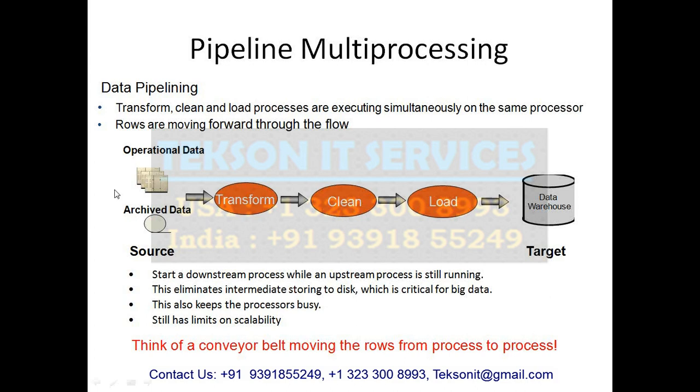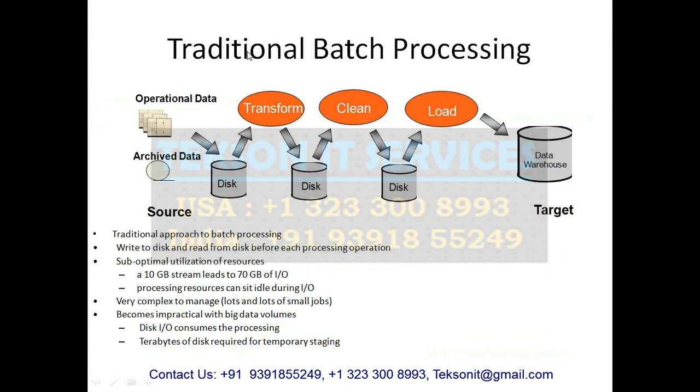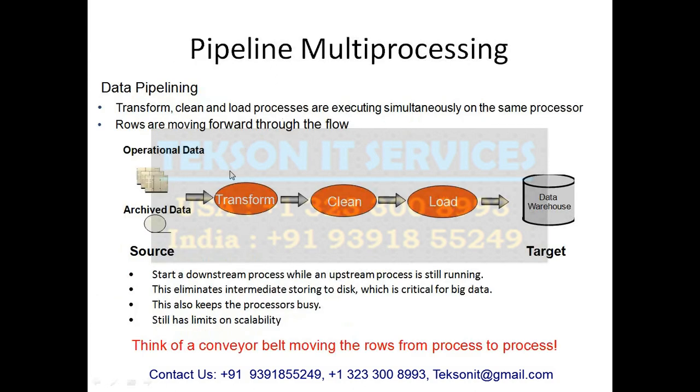In pipelining multiple processing, data is not stored on a disk. Data keeps on moving within the job simultaneously. Let's say you have 1000 rows in your source and 10 rows got processed, then it will move those 10 rows for cleansing. It does not wait for all the rows to complete before it processes the next job, while in the traditional approach it processed all the rows, stored, then loaded all the rows, so the storage area increased.